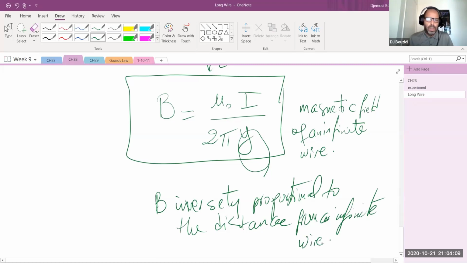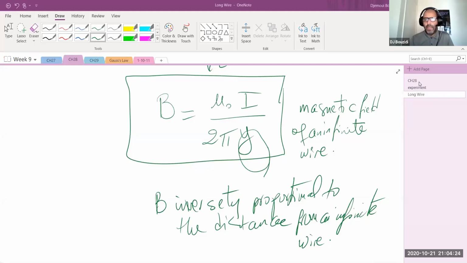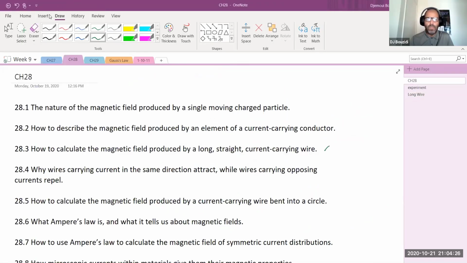Okay, this result is going to play a major role down the road when we come into Ampere's law. So we're going to stop here. Let me check exactly where we are in terms of the chapter. Okay, we covered almost half the stuff.